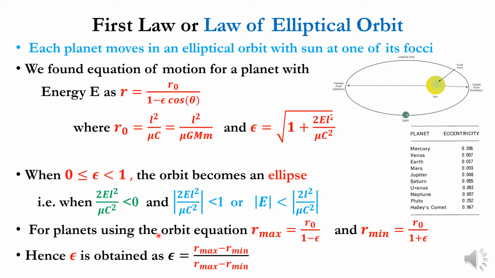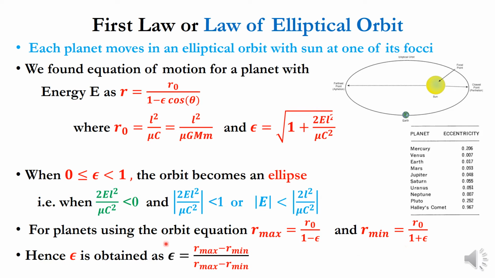So for planets, using the orbit equation, R max, using this equation, this becomes a maximum value when this cos theta becomes 1. That is R max equal to R0 by 1 minus epsilon. And this R becomes a minimum value when this denominator becomes maximum, that is 1 plus epsilon, or when cos theta becomes minus 1, that is R minimum is equal to this R0 by 1 plus epsilon.